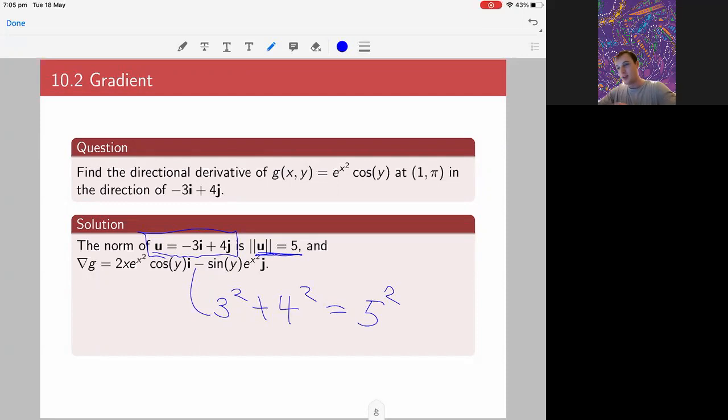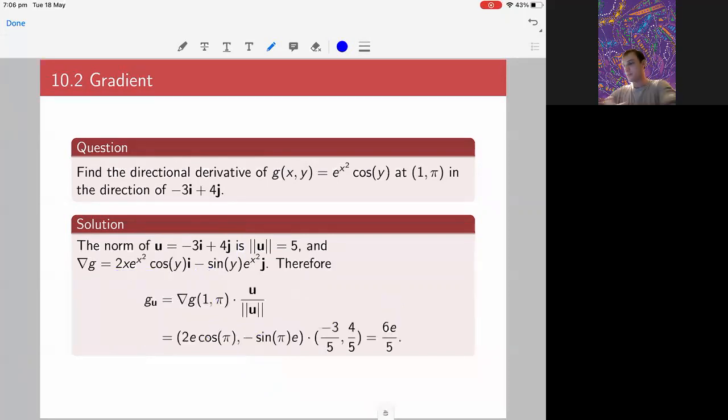It's a good start. We also need to work out the gradient of g. This is the vector whose components are filled up with the partial derivatives: the derivative of g with respect to x and the derivative of g with respect to y. It follows our usual differentiation rules for exponential and trigonometric functions. Now that we've got the gradient, we're in a position to find the directional derivative.